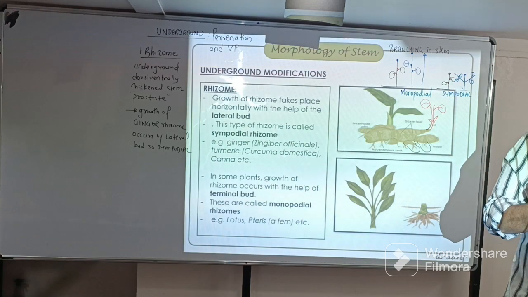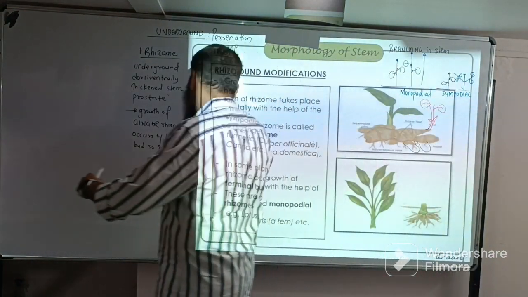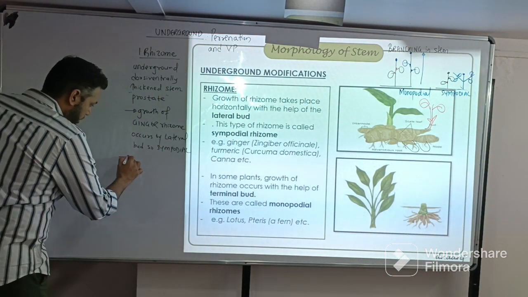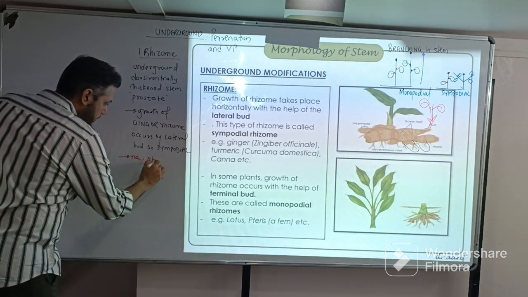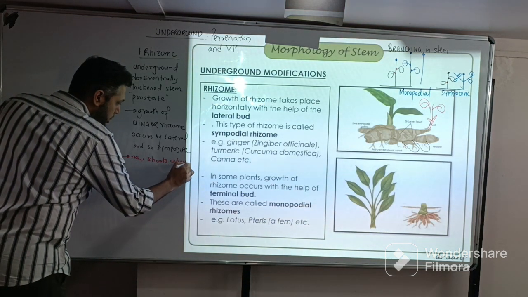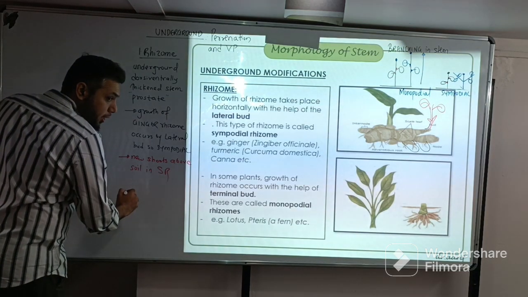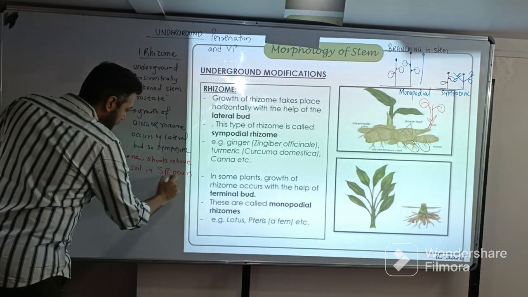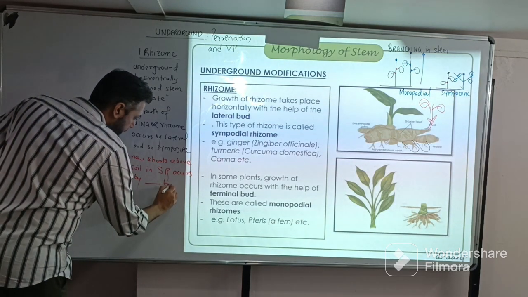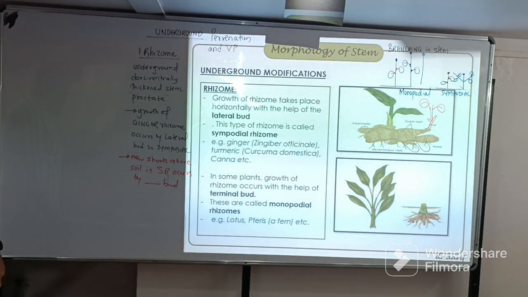Yes. So my question is, new shoots above the soil in a sympodial rhizome occur by dash bud. Fill up the dash: apical bud. And lateral branches grow by which bud?